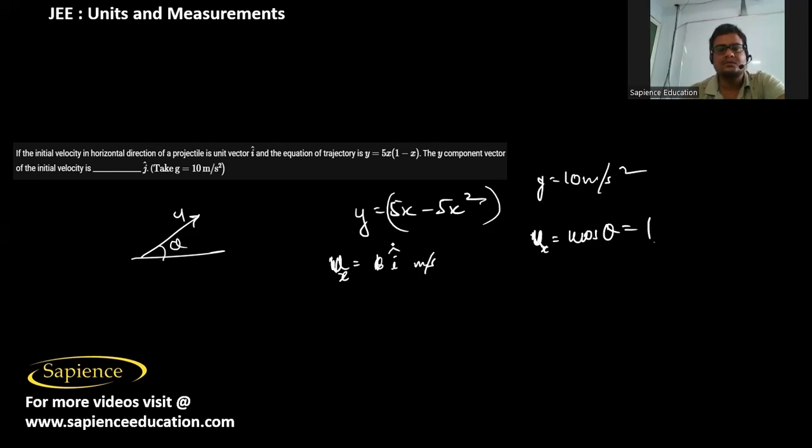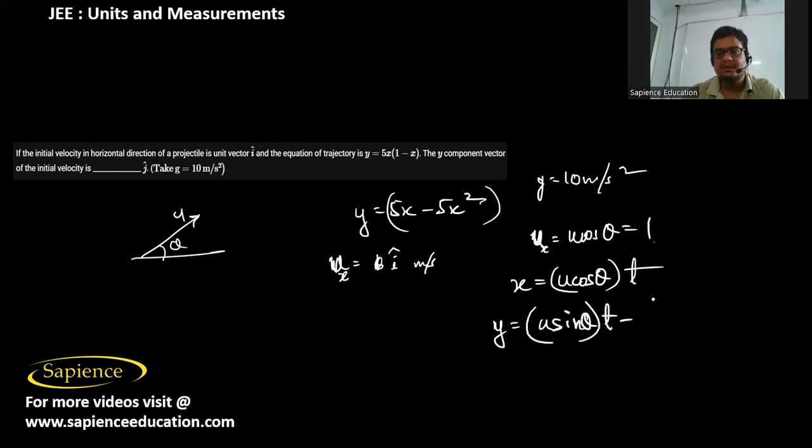Now we know that the displacement along the x direction at any time t is u cos theta into t, and the displacement along y direction at any time t is u sin theta into t minus half g t squared.